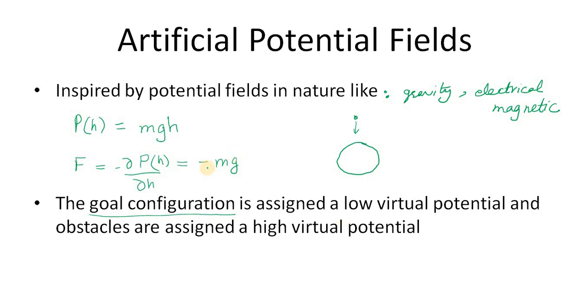In our environment, let's say this is our environment, here you have a start point, and here you have a goal, and let's say we have an obstacle here. We want to do path planning, moving our robot from the start point to the goal point, using artificial or virtual potential fields.